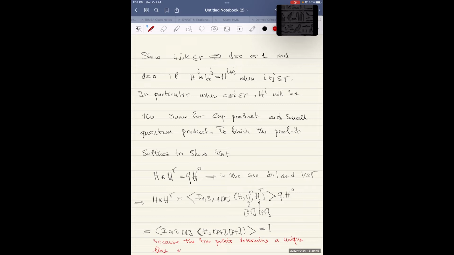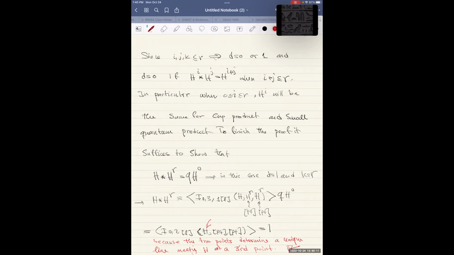Which meets, by the way, H at a third point. So the third marked point is the one that needs to have incidence with this hyperplane inside the ambient variety. So this finishes the proof.